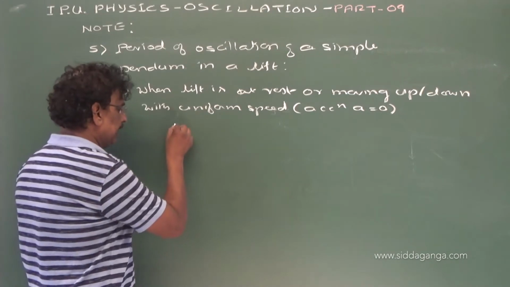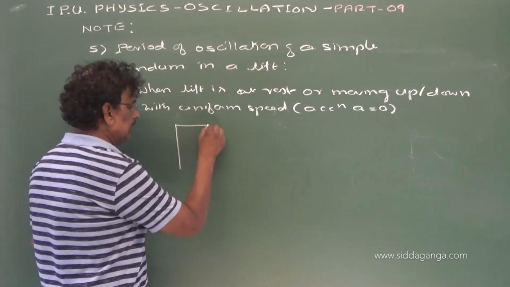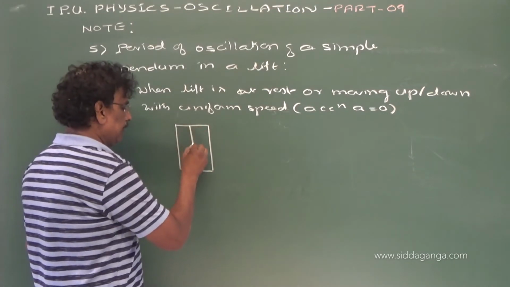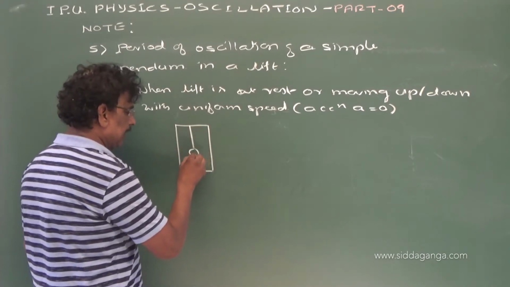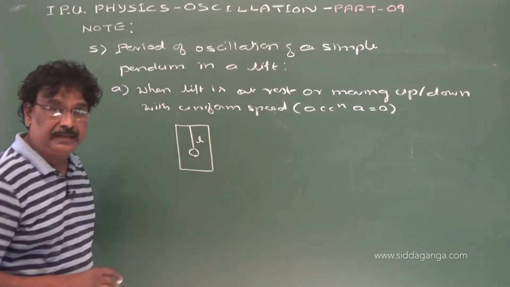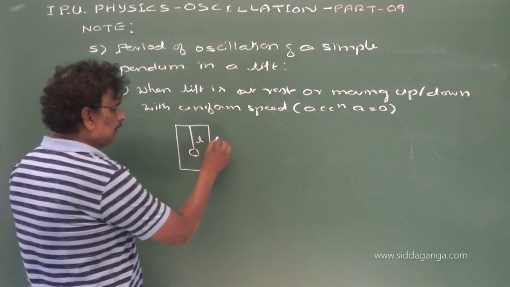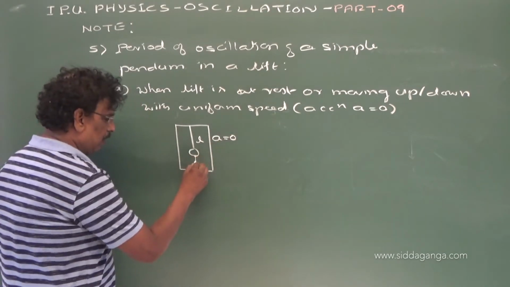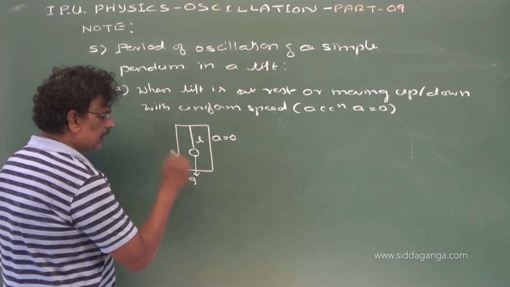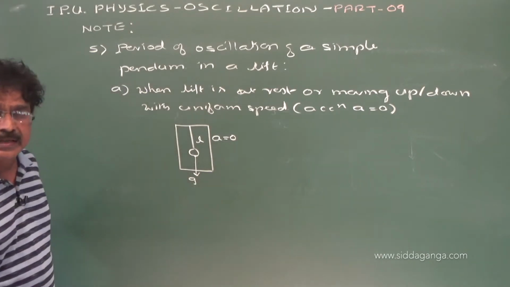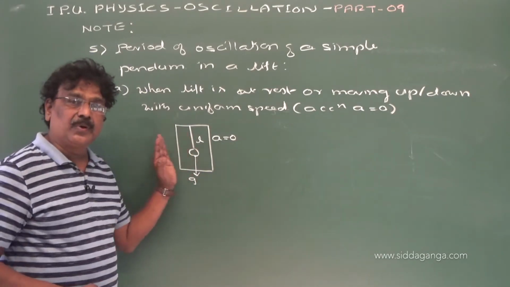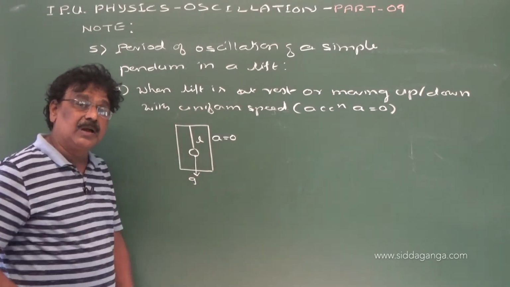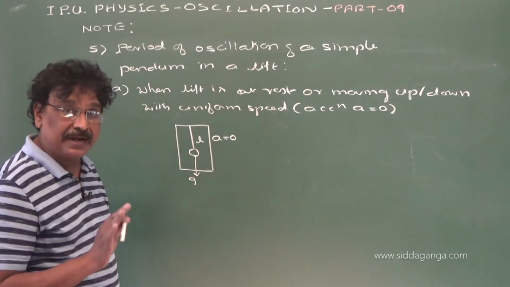Here we can take the lift, this is an elevator. Now we have a simple pendulum here with length L. Here this acceleration a is equal to 0. Now there is only the acceleration due to gravity, right? So the lift is at rest or moving upward or downward with uniform speed.